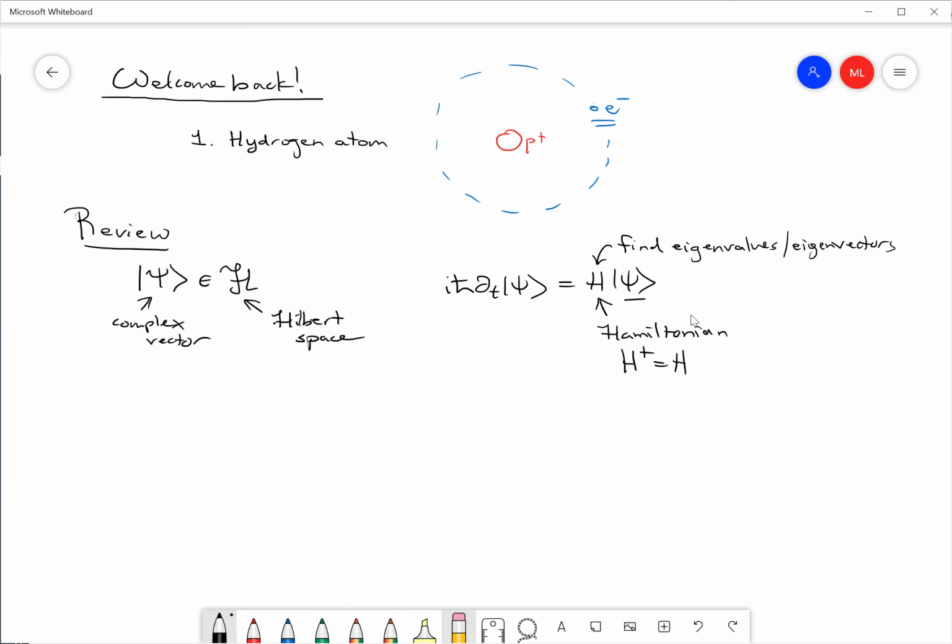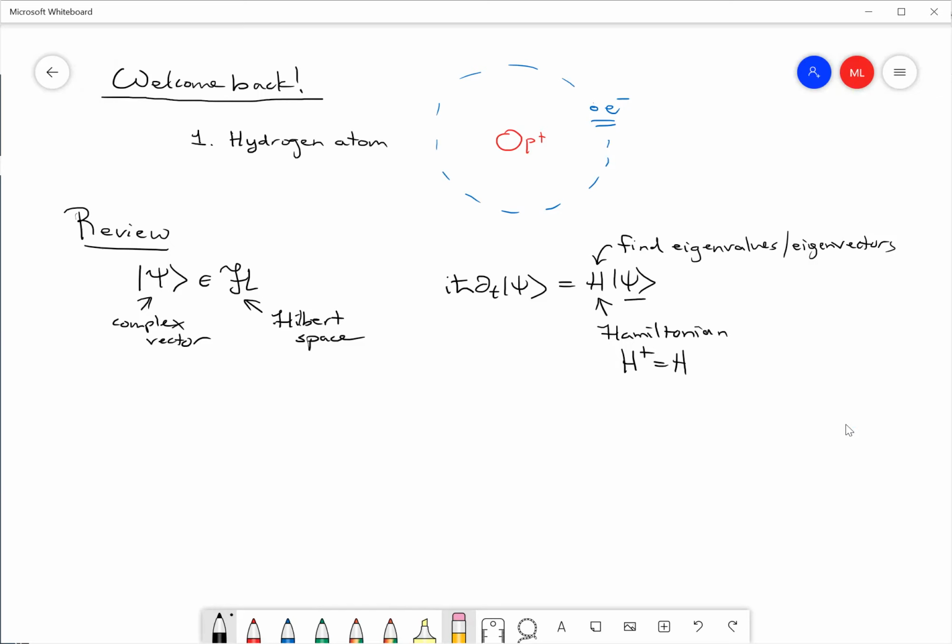That's what we're going to do with hydrogen: figure out what the energy eigenstates are and solve the Schrodinger equation, or at least find the eigenvalues and eigenvectors for the energy operator associated with the Coulomb interaction.